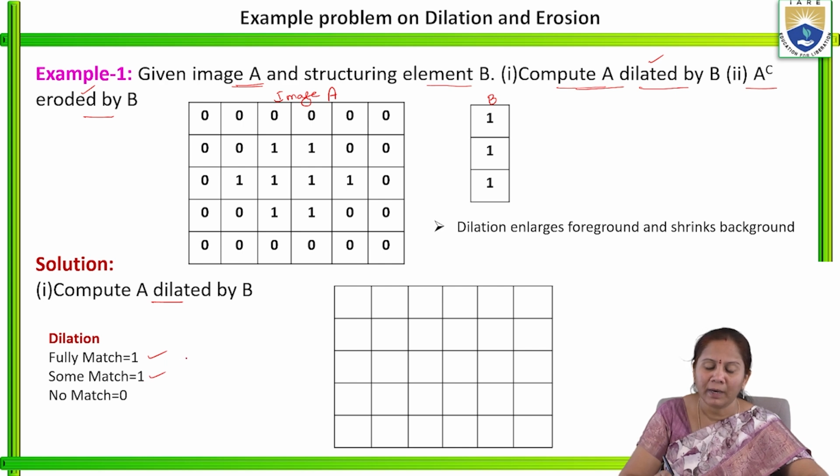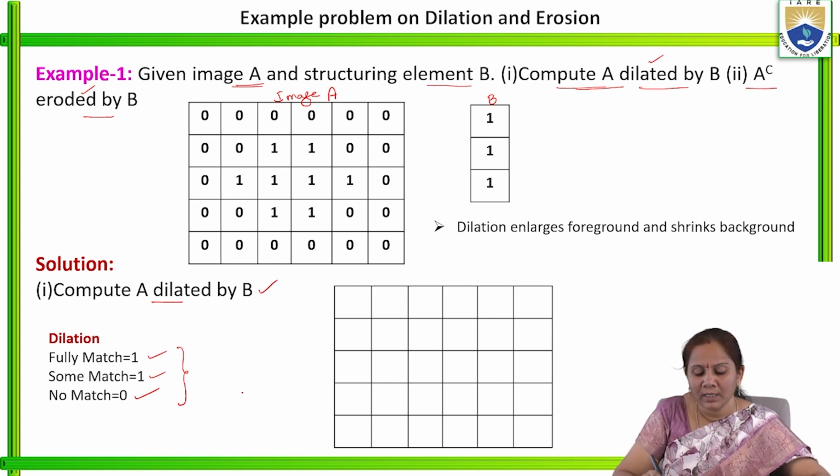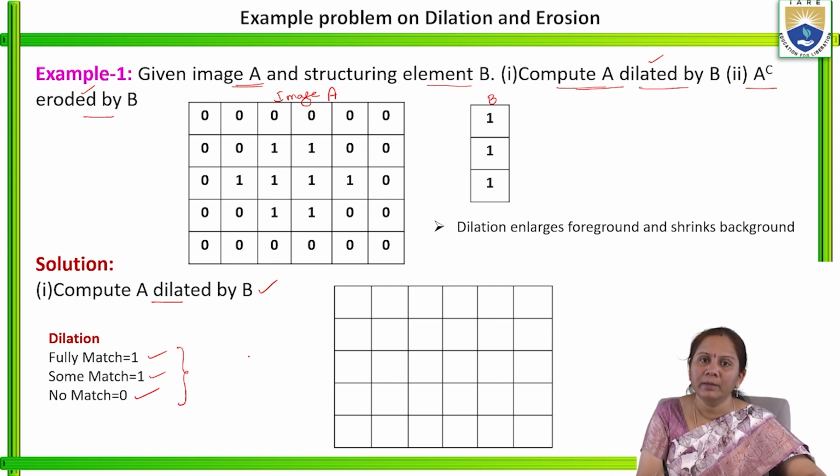If it is a partial match, the pixel value will be 1. That means even if one element matches between B and A, it will be placed as 1. And if there is no match, it will be placed as 0. Now based on these conditions, let us solve this question, A dilated by B.